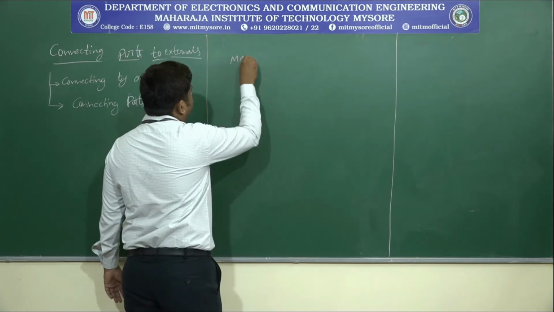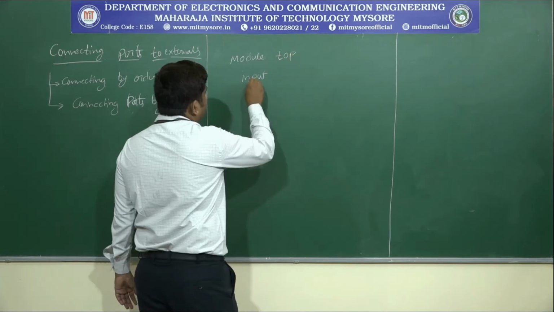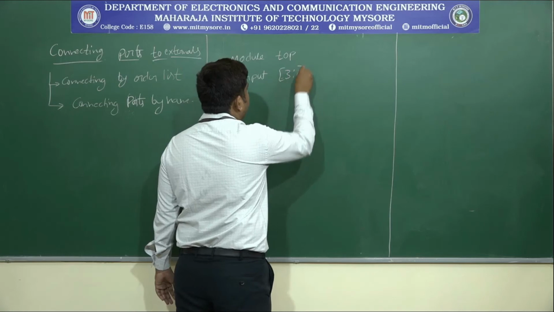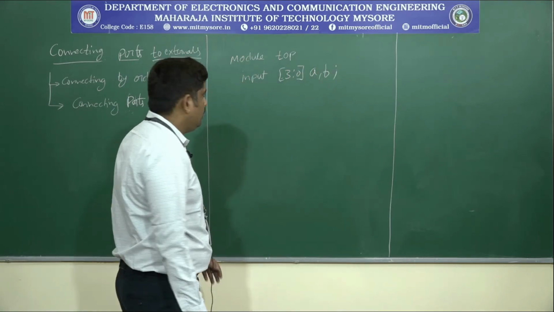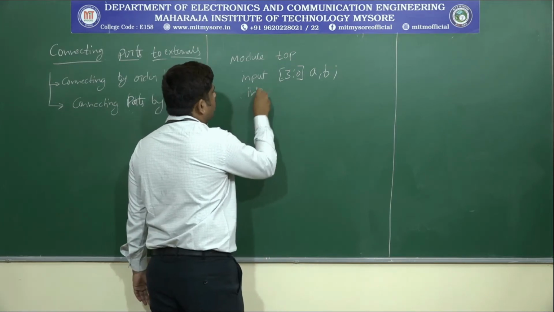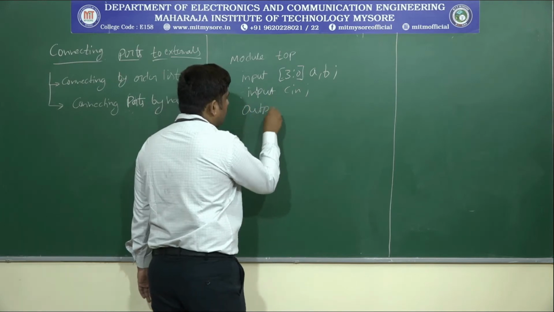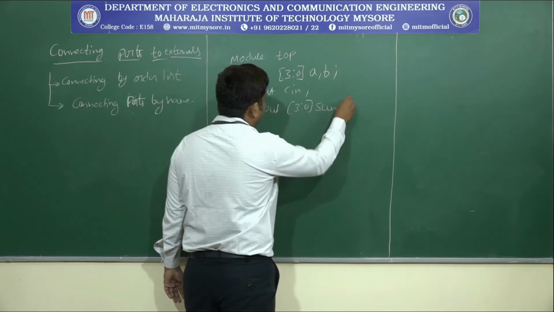Again we assume a full adder circuit, module top, input 3 down to 0, A comma B. Then one more input, that is input Cin. After this you mention output: output 3 down to 0, sum.